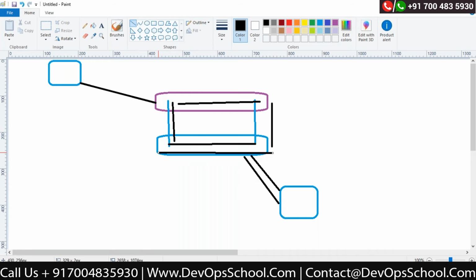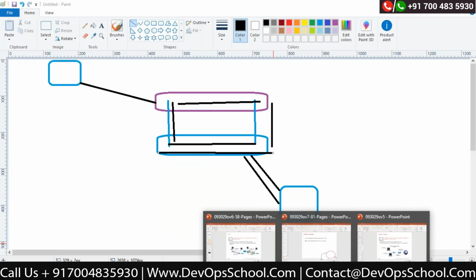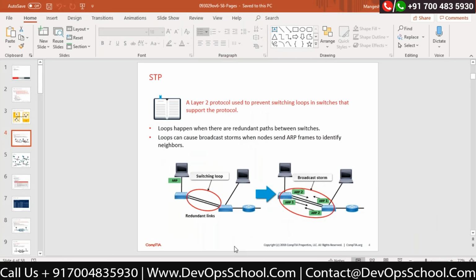It's a loop. If I connect the switches something like this, it will create a loop. You can see this is how we created both links for redundancy. If any cable or any port fails, the other cable should be there so your network should not stop. But if I connect it something like this, then it will create a looping problem.